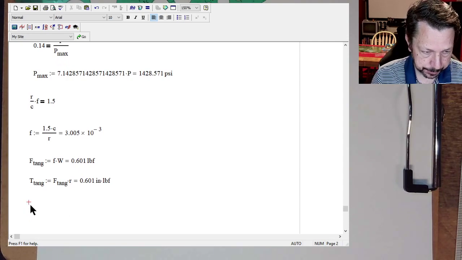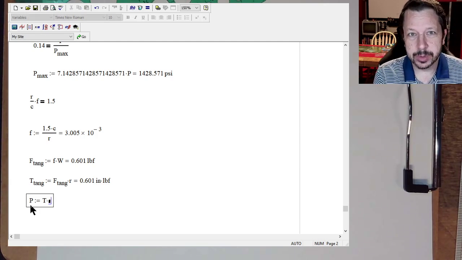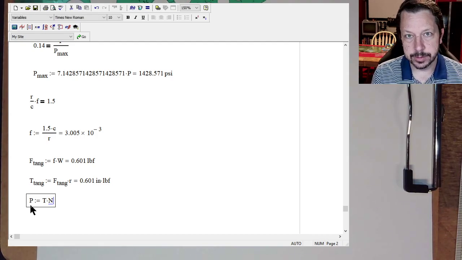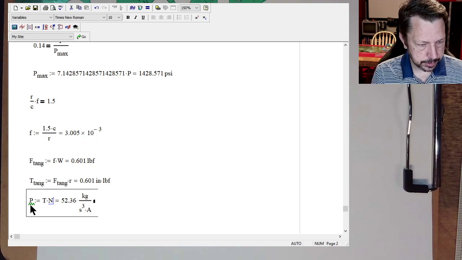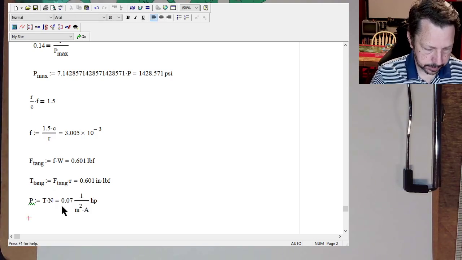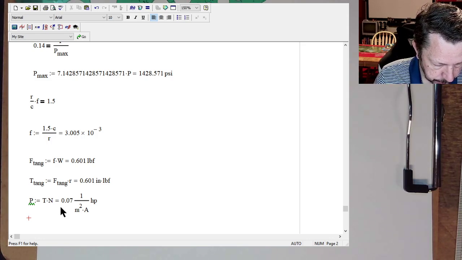And then power is torque times speed. So normally it's torque times angular velocity. In Mathcad I can just put the speed in there and it'll work the units out for me. Except those units are really weird. Let's do horsepower. Why did I get some oddball units?